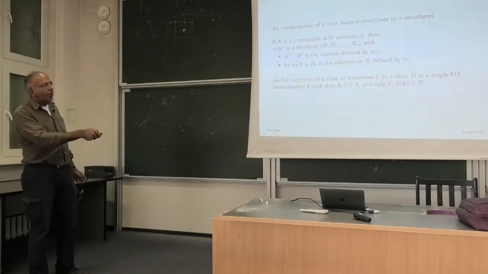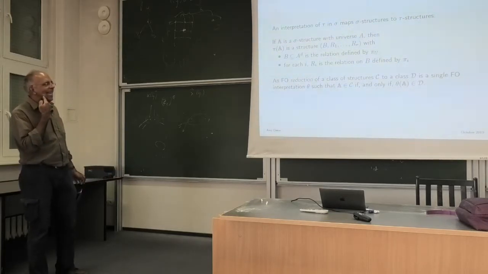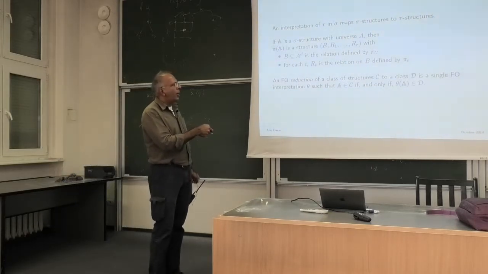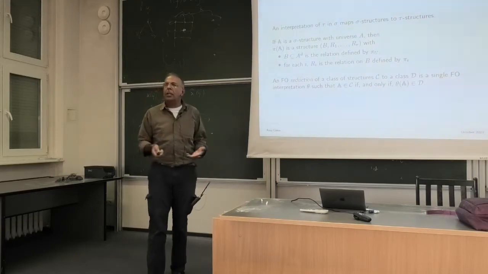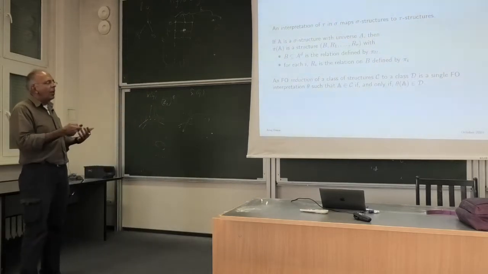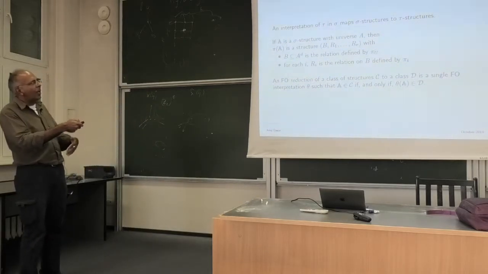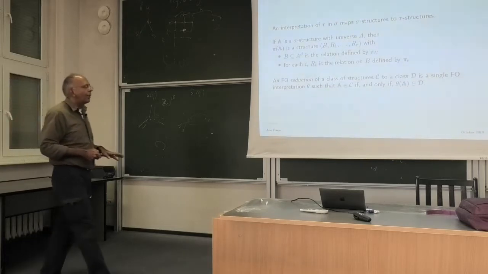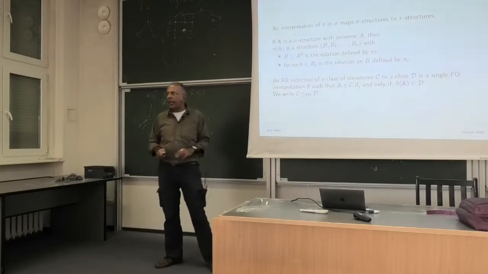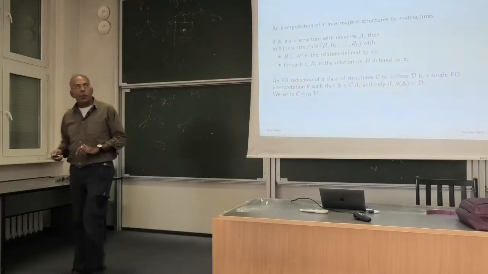A class of structures C is reducible to a class D if there is a first-order interpretation such that for any structure A, A is in C if and only if its image under the interpretation is in D. This is the usual notion of a reduction; we've just defined what it means to define a function from sigma structures to tau structures in first-order logic. So we say C is first-order reducible to D.